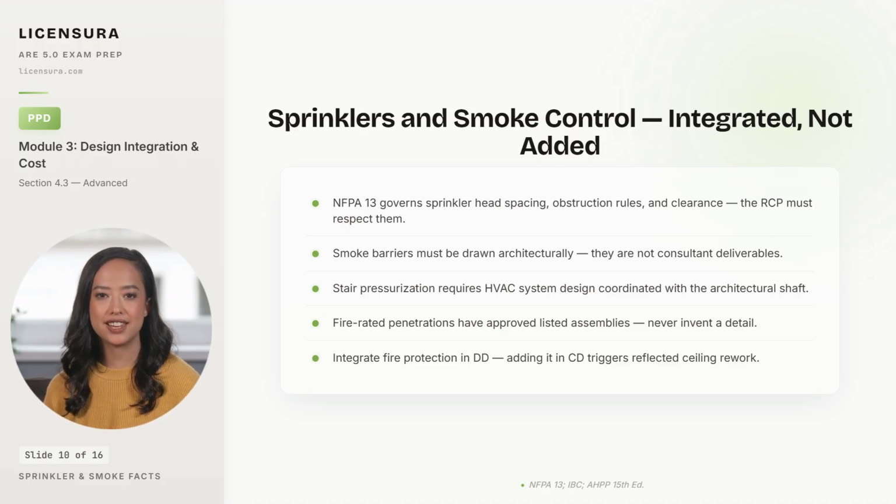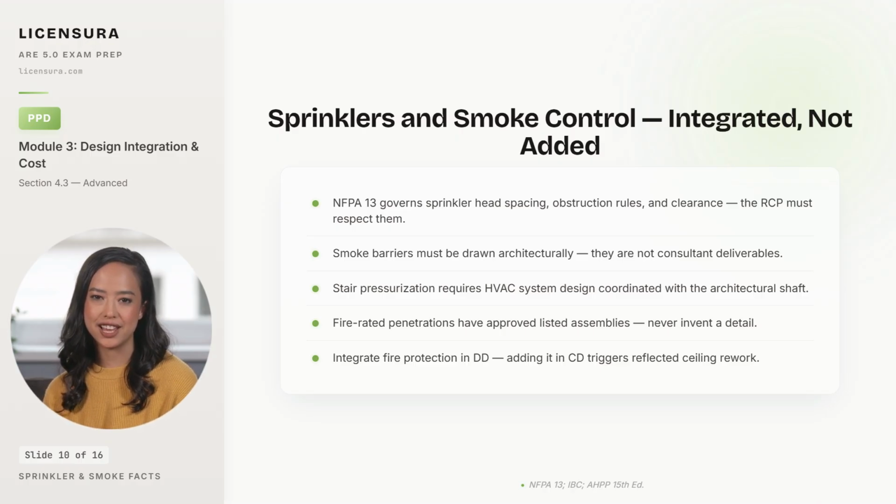Never invent the detail, because anything not listed is not approved. And finally, integrate fire protection in DD, not in CD. Adding sprinkler coverage in CD triggers reflected ceiling plan rework that cascades into lighting, MEP, and acoustic redesign. And the architect typically absorbs the rework cost because the CD was the place to catch it.